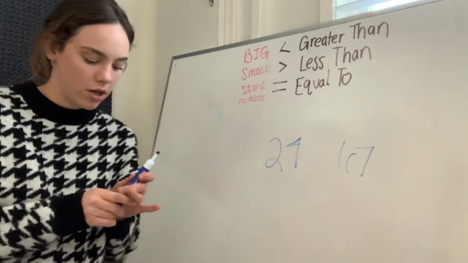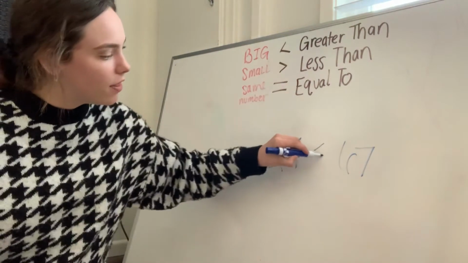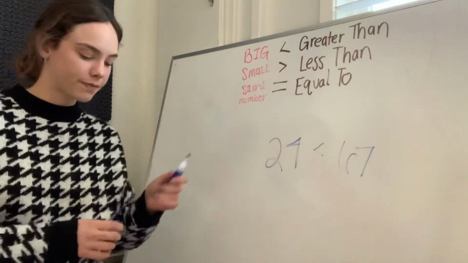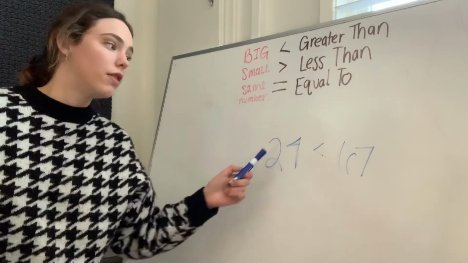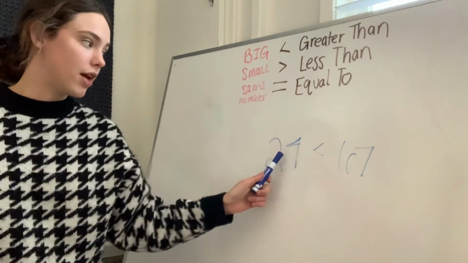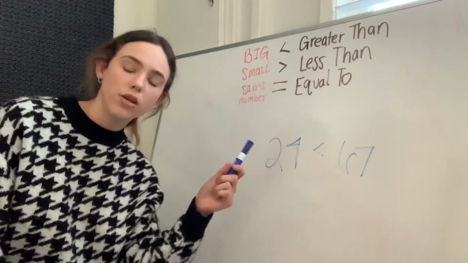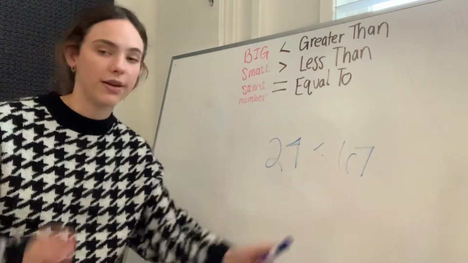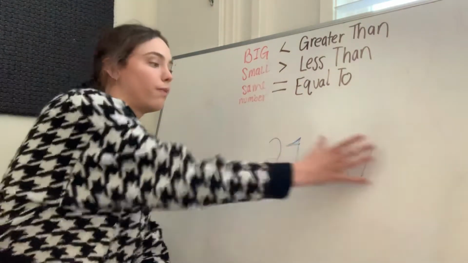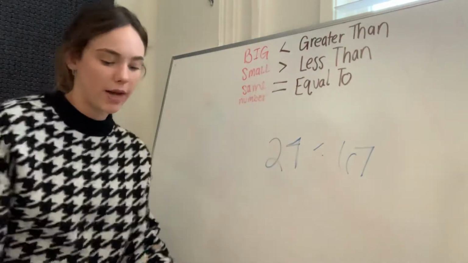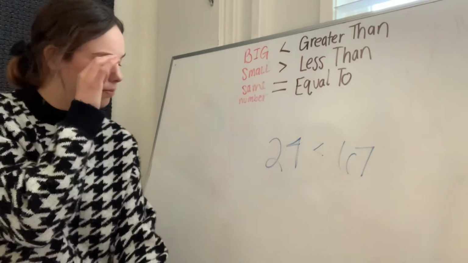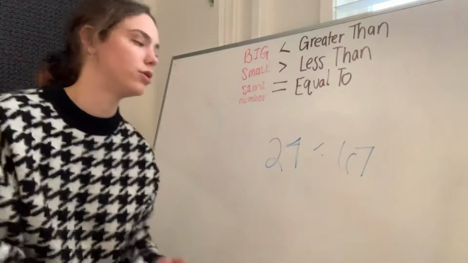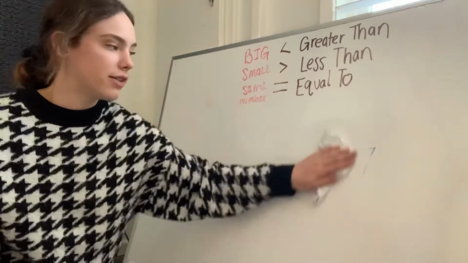You should have written down this symbol right there. If you read it one way, 67 is greater than 24, but if you want to read it the other way, you can read it as 24 is less than 67. So you can read them frontwards or backwards, depending on what the question is asking or which way you want to read it. Good job on that one.